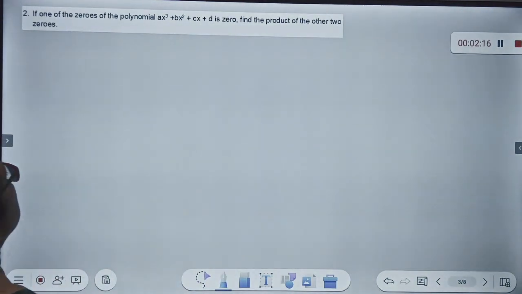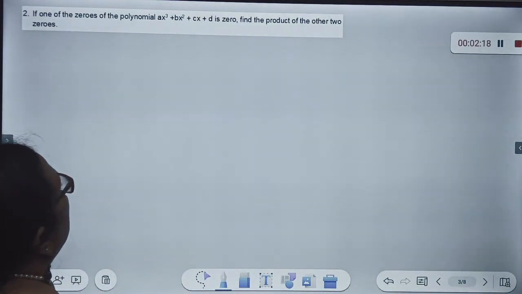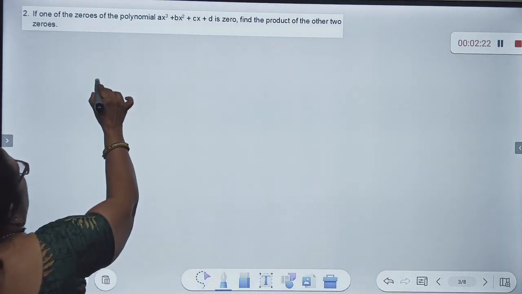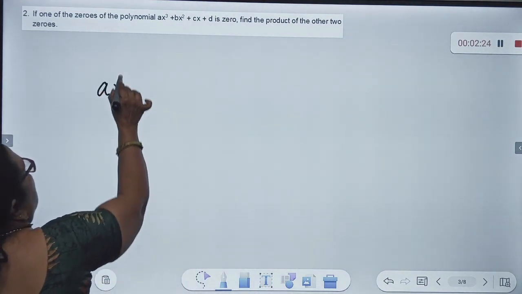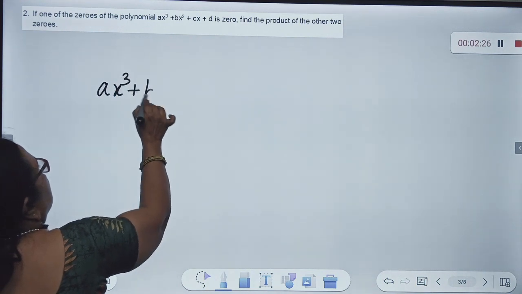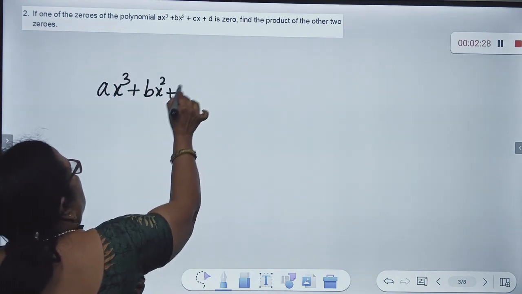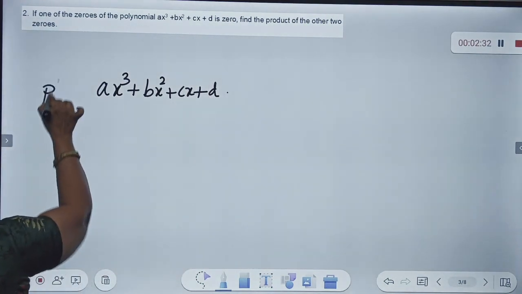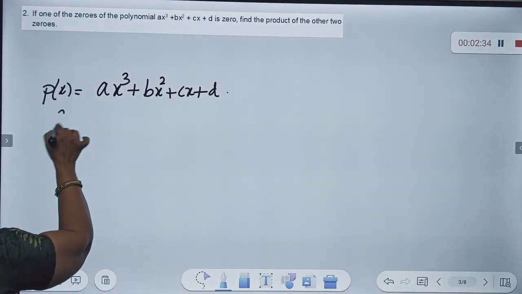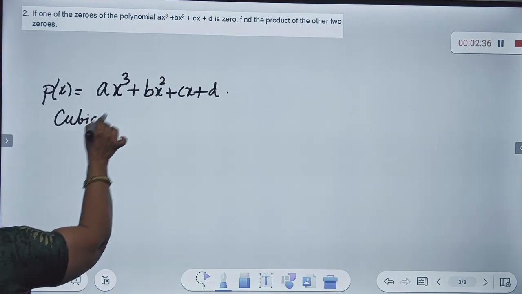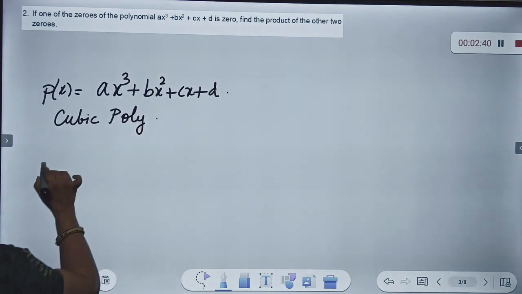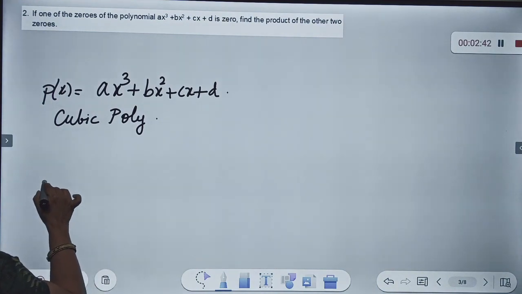Now, if one of the zeros of the polynomial is 0, you have to find the product of the other two zeros. So what sort of polynomial is ax cube plus bx square plus cx plus d? What sort of a polynomial is this? This is a cubic polynomial. Now one of the zeros, so how many roots will it have?